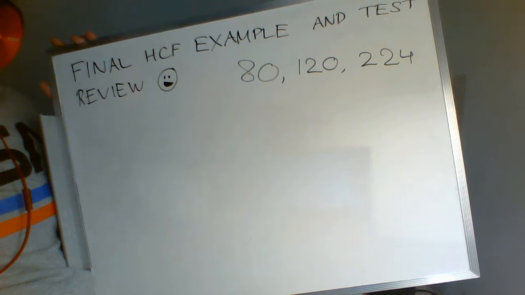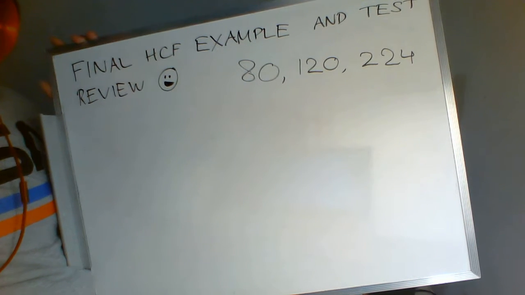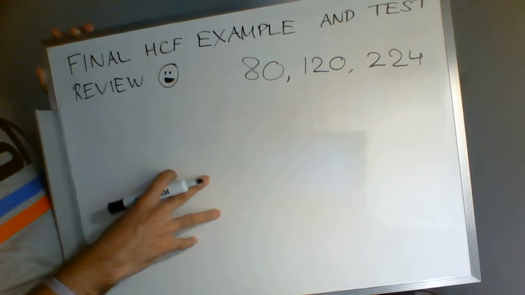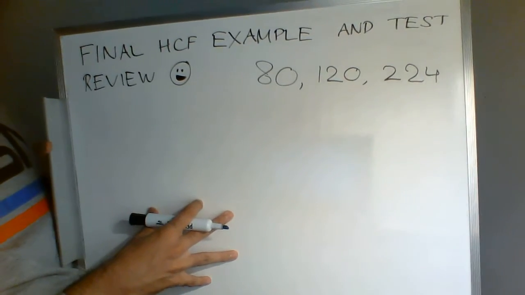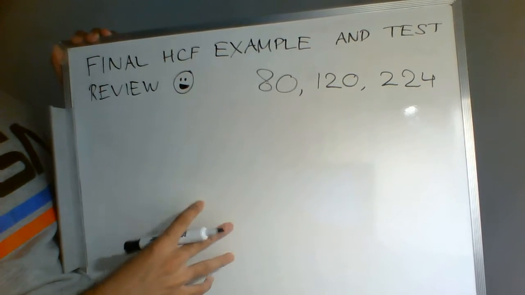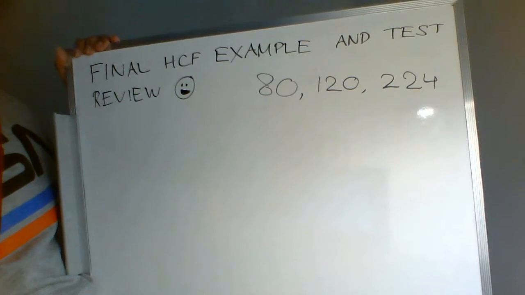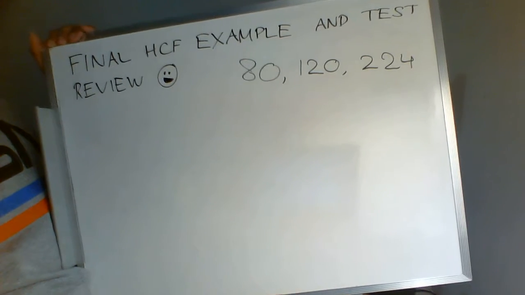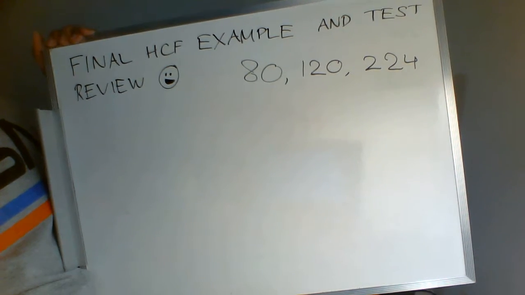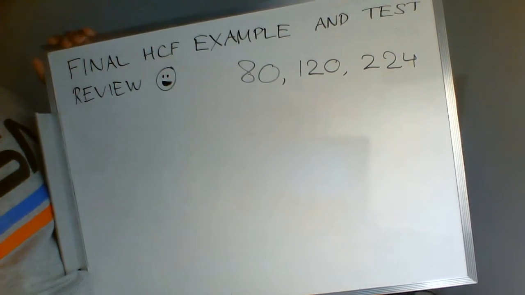We had a 15 before that. So our HCF values don't tend to be very large in some of the questions that we've got. Sometimes you will find that they are larger numbers, but I'm going to try and keep them relatively small on your test. The answers should just not be humongous numbers for your HCF questions.